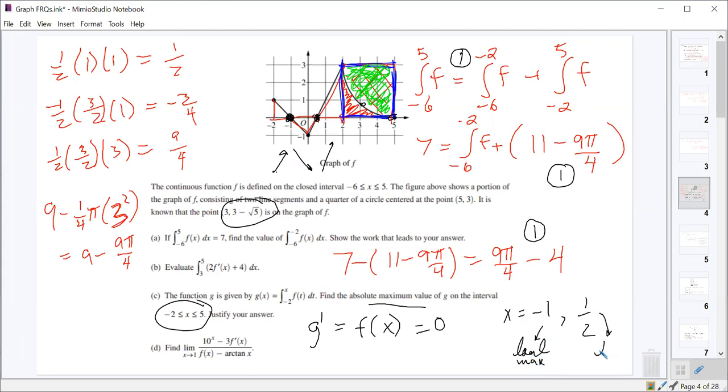And at 1/2, it's a local min. So you don't have to check the value at 1/2 because you know it's a local minimum. And if it's a local minimum, you're definitely not going to have that be an absolute maximum. Does that make sense? But you could check it if you want. If you didn't do that, it's okay. So really, we have -2, 5, and -1 that we really need to check.